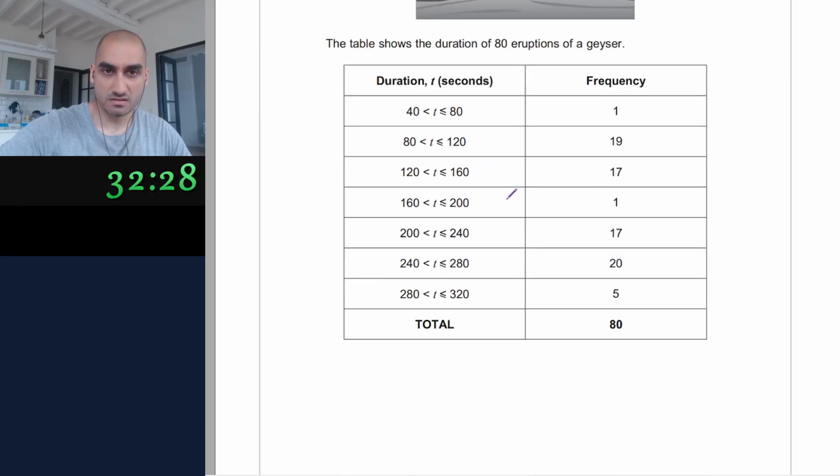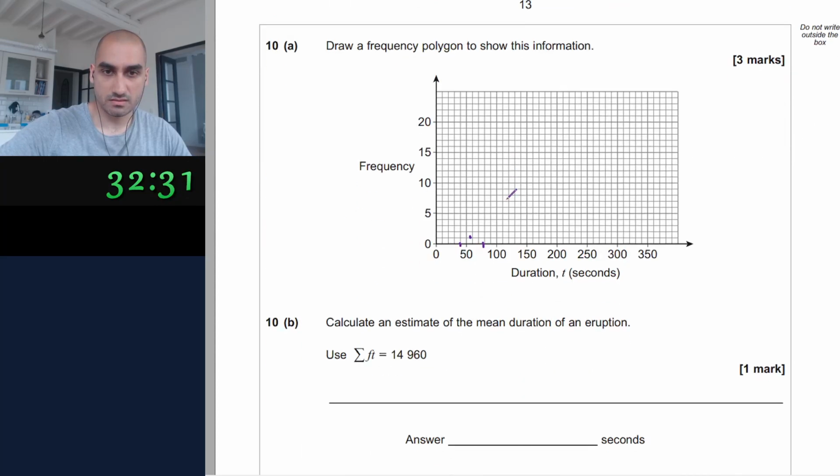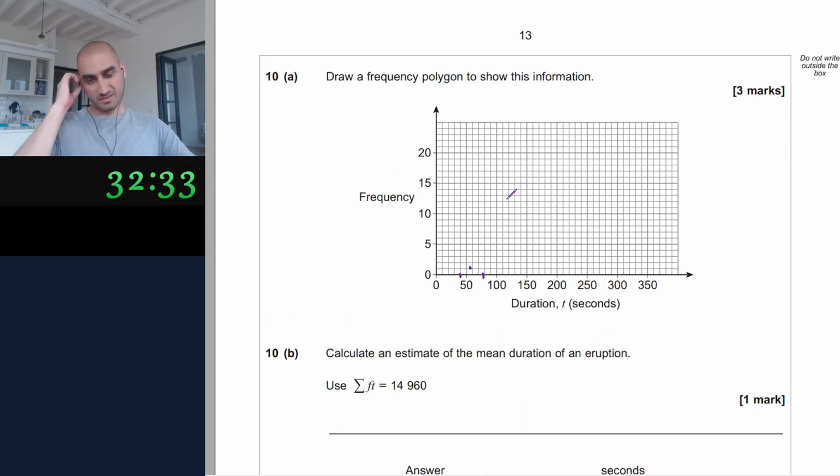I mean, that would be a polygon, but it's not very useful, is it? You're not taking into account the width of the intervals. But that's why you want a histogram, instead of a frequency polygon.